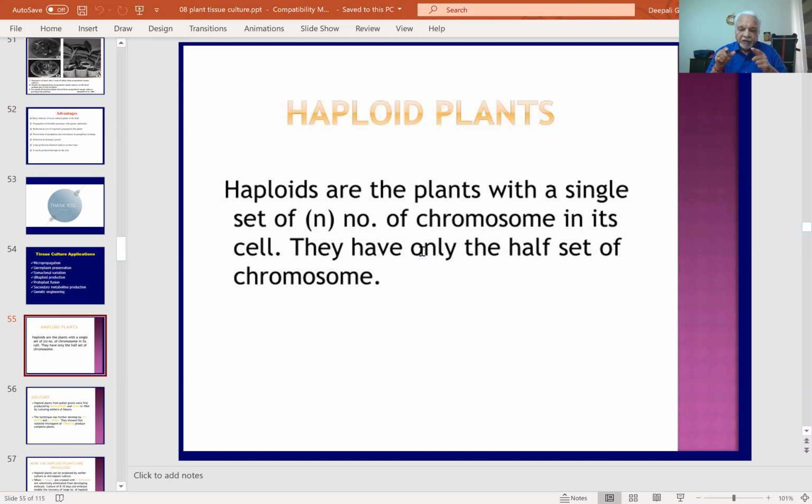In diploid plants you have two sets of chromosomes, and in haploid plants you have half the number. So if 2n is 20 in a diploid, in haploid, n would be 10. That's how haploid plants are defined.